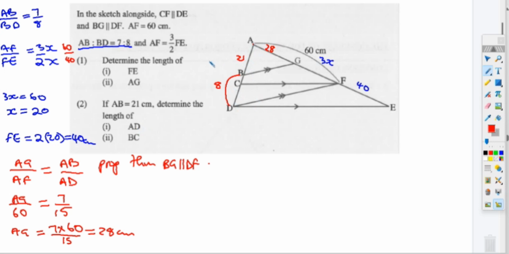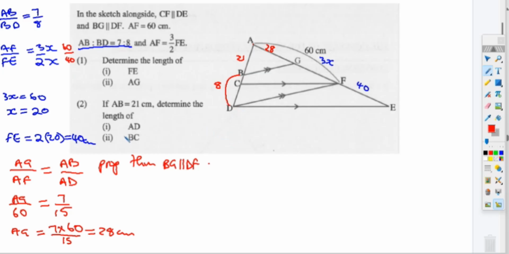Determine AD. You remember this ratio? AB over AD, right? We can use that method of variables here. We are saying AB.